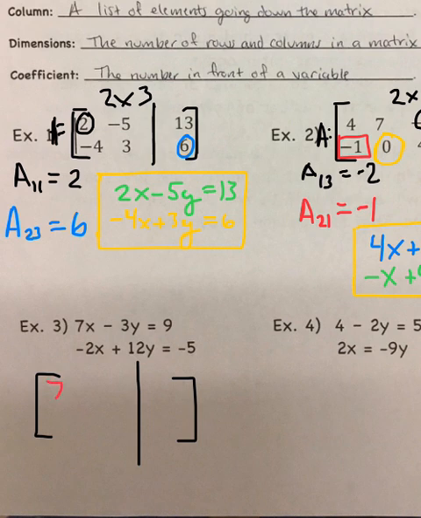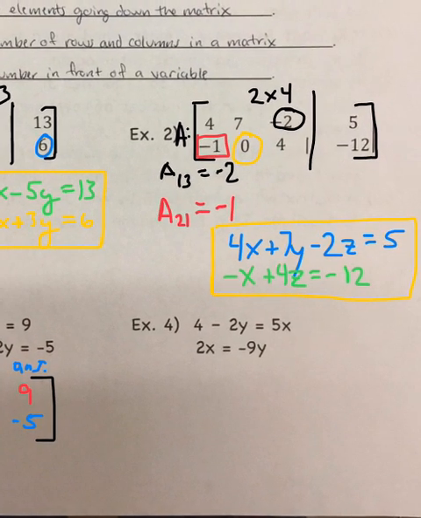Then I have negative 2x, 12y is negative 5. Once again, we have to keep them lined up: x, y, answer. Always keep them lined up in their columns.